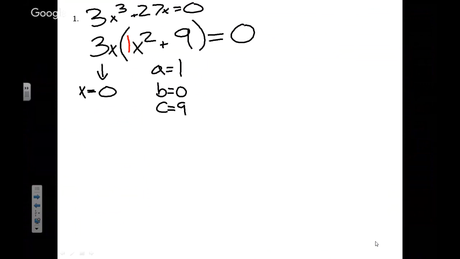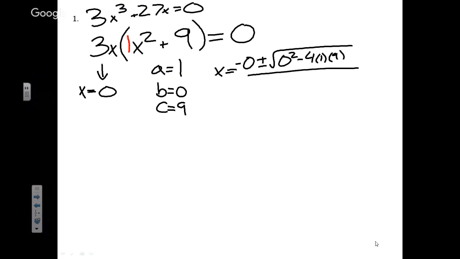So if we're looking back at the quadratic formula, x equals negative 0 plus or minus the square root of 0 squared minus 4 times 1 times 9, all divided by 2a, which is 2 times 1.